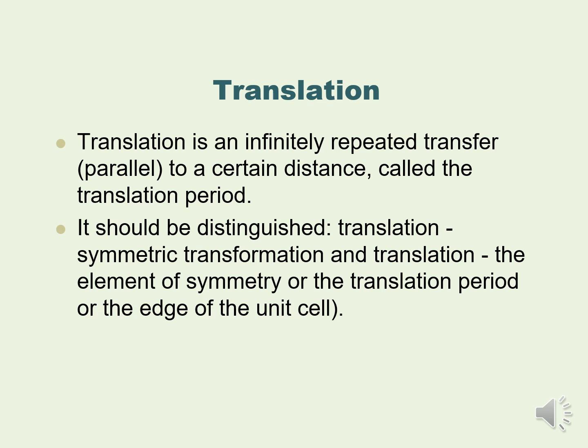Translation is the symmetric transformation, and translation is also the element of symmetry, or translational period, or the edge of the unit cell. A translation is the simplest element of symmetry for the crystalline structure. The combination of a translation with planes and axes of symmetry gives two more elements of symmetry.